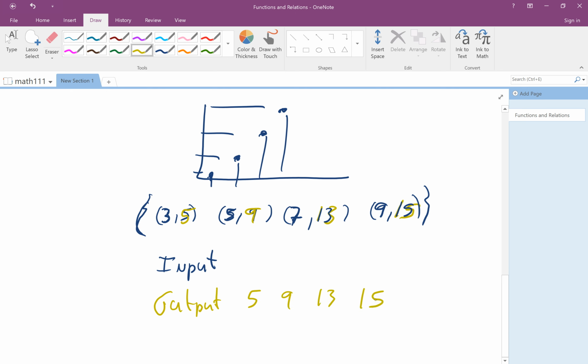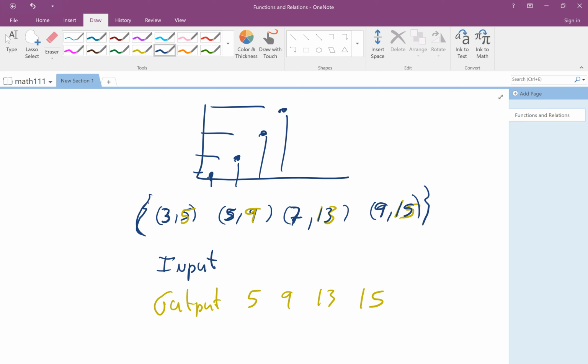I don't know what this function is. I just made it up. But I do know that if I put 3 into the function, it's going to churn and kick out 5. And when I put 5 in there, it's going to churn and kick out 9. When I put 7 in there, it's going to tell me it's 13. And 9 is going to be 15. I don't even know if this exists, but that's what it does. All right? Input and output.